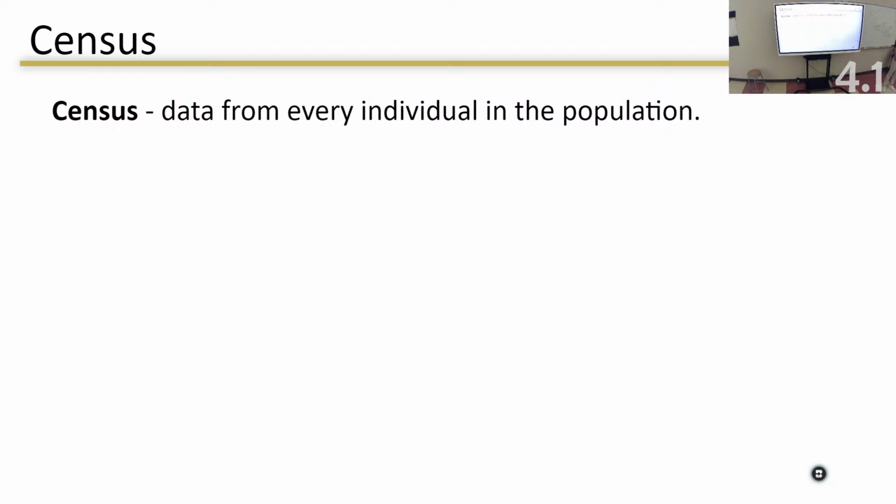I don't think I can do a census of the size of fish at Beaver Lake. I can't even find one in that lake, much less all of them. Fair enough? So some things I possibly could do a census of, and some things are impossible to do a census of.